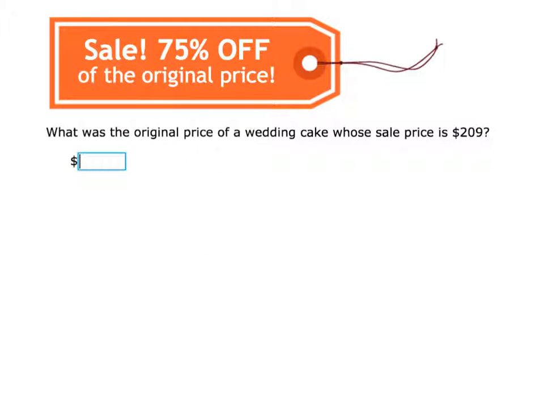Okay, now we're taking 75% off. Wow, this is a pretty big discount here. You're going to be surprised at what the original price was, and I know I was when I did the calculation a minute ago. The original price is what we don't know, but we do know that what we paid was only 25% of the original, because they took 75% off.